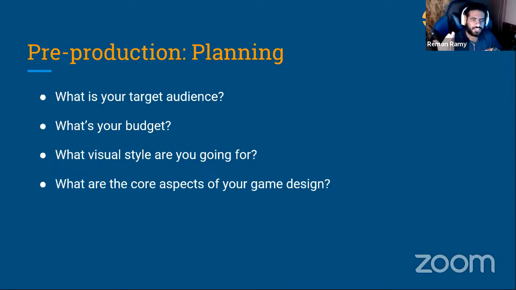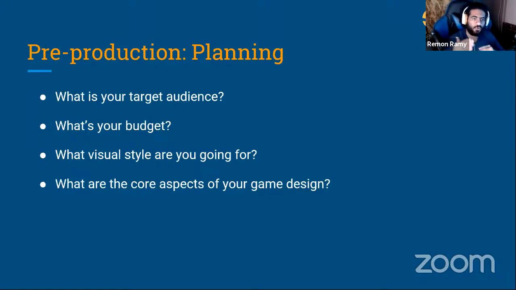And so you're trying to understand that audience, what they love. For example, what do people love most about State of Decay? What do people love most about Rust? And you're trying to determine what would your game require to attract that audience. Of course, again, what's your budget? Very important. You want to think over and rethink your budget all the time, because it might change as you do more planning.